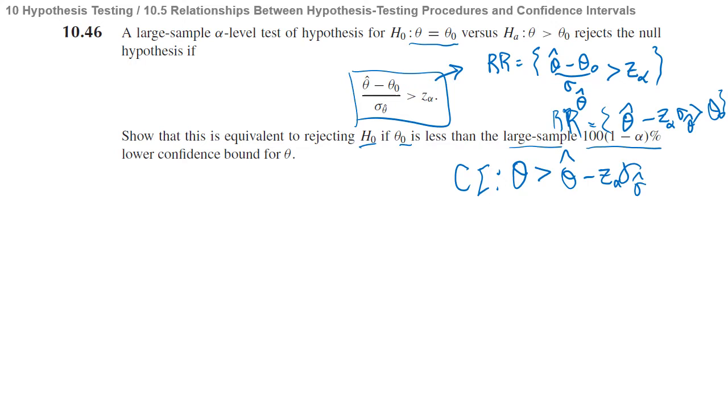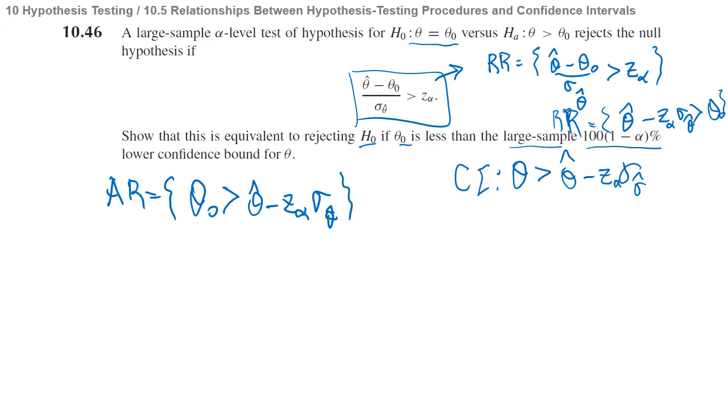The acceptance region is the complement of the rejection region, which is zeta 0 is greater than zeta hat minus z alpha times sigma zeta hat.